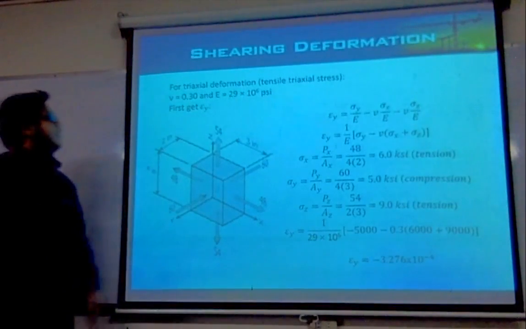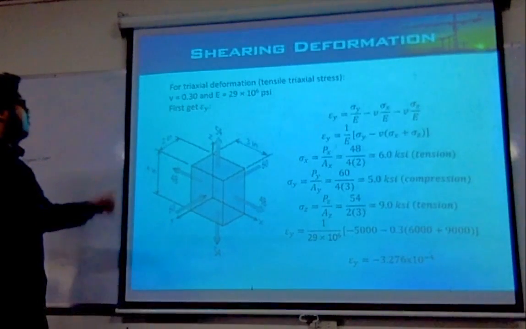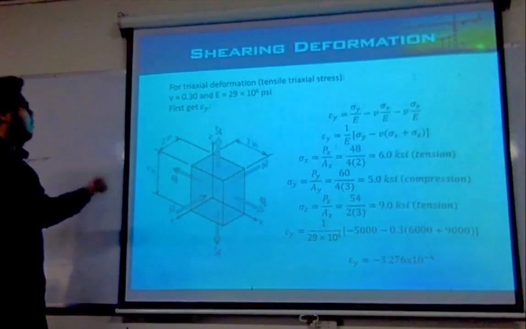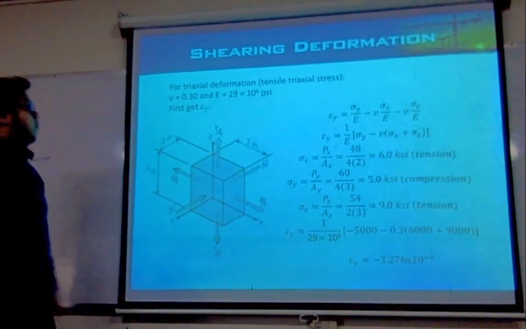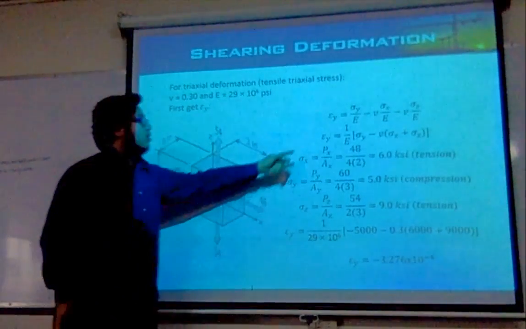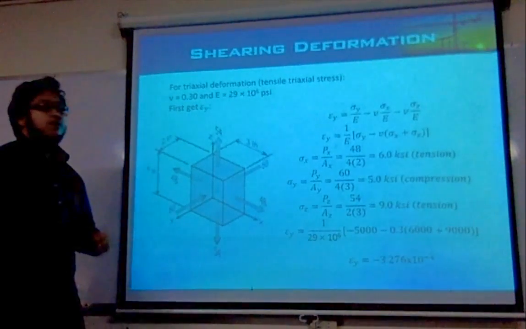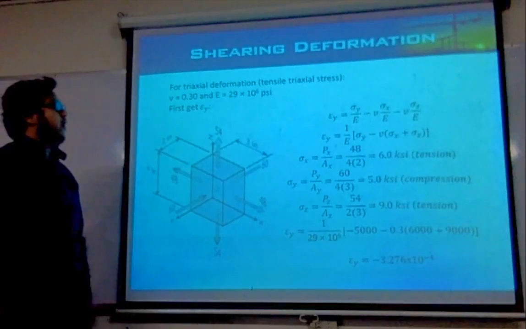For triaxial deformation, with tensile triaxial stress, V equals 0.3 and E equals 29 times 10 raised to 6 psi. We will use this equation to find the strain of y.